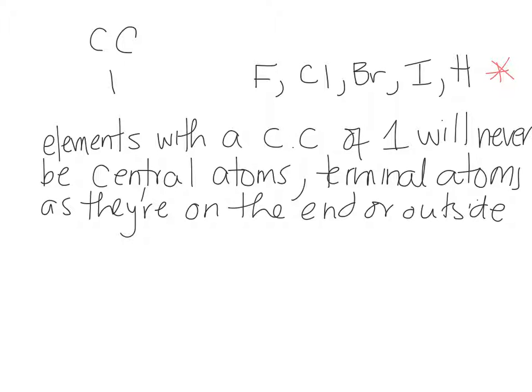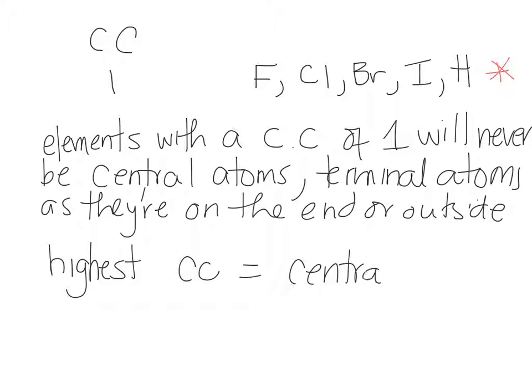So your central atom will be an atom with at least a combining capacity of 2. When we make our Lewis structures, the one with the highest combining capacity is the central atom. All the other atoms that are bonded to it will end up being around the outside.